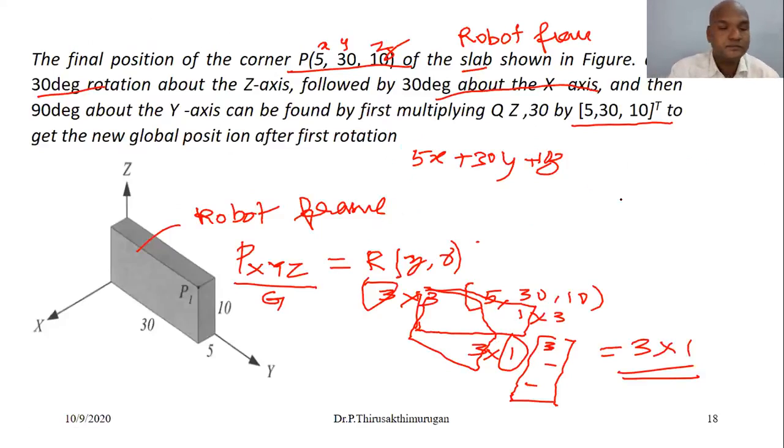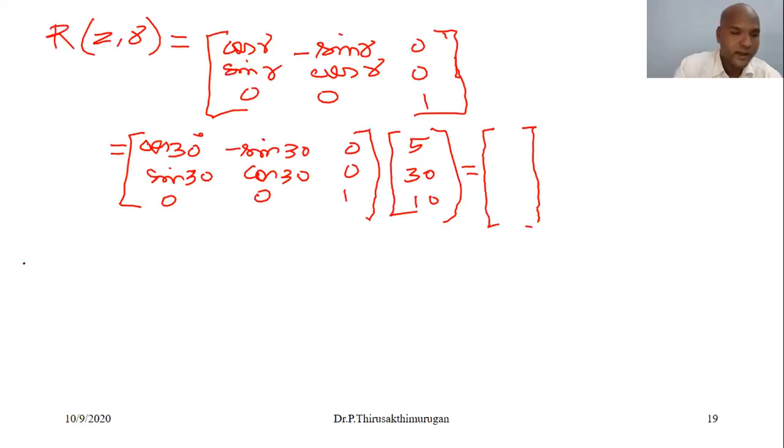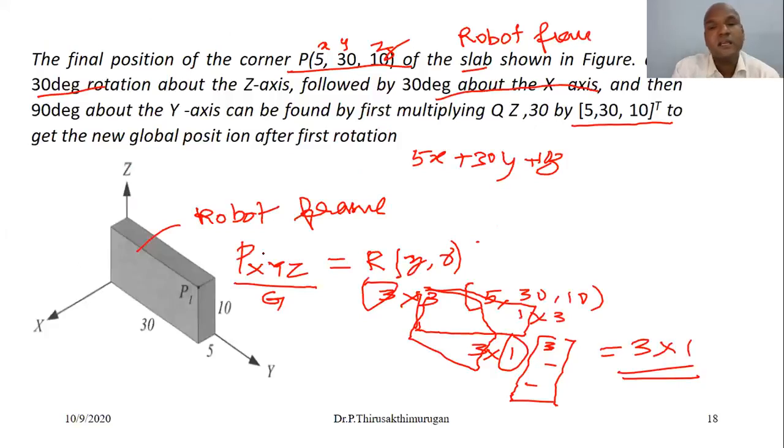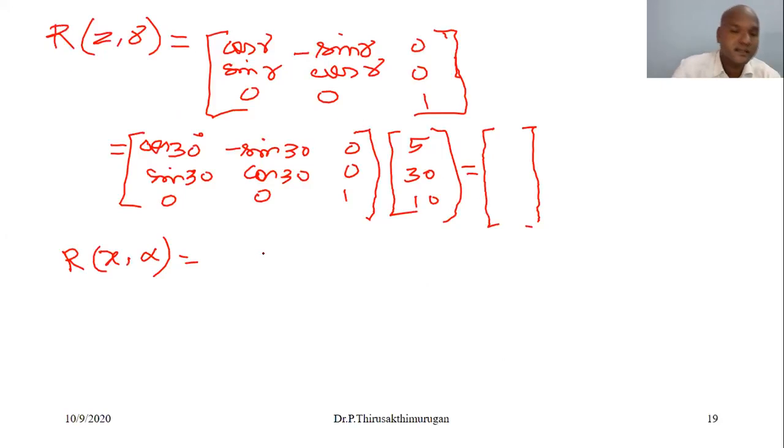Please do it. After this, you find the rotation about X by alpha, or you can write the alpha value directly: 30 degrees, followed by 30 degrees about X axis.